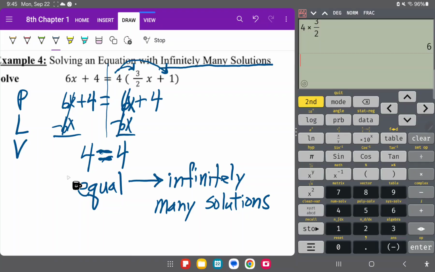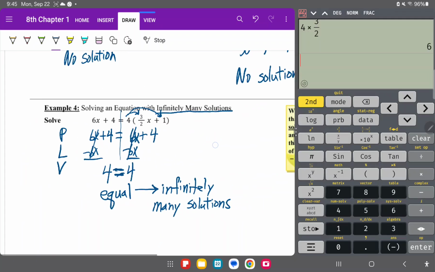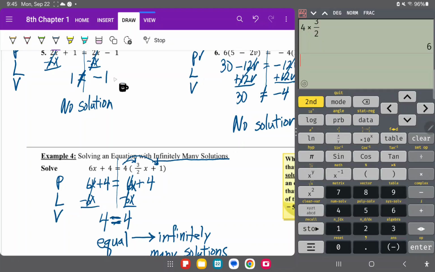Okay? And that's when these are equal right there. Infinitely many solutions.